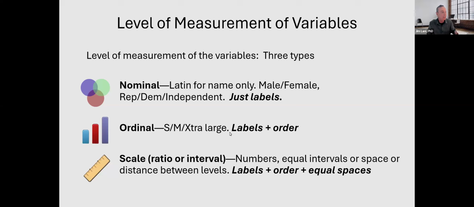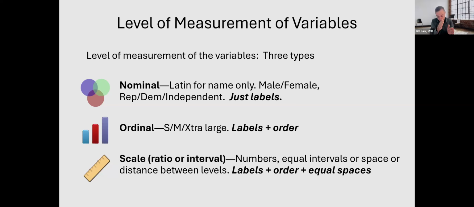So levels of measurement, basically nominal, ordinal, scale. Nominal, just names of things. Republican, Democrat, Independent, male, female, non-binary, just labels. Ordinal have labels, small, medium, large, but they also have an order. Scale, they have labels, 1 inch, 2 inch, 3 inch.